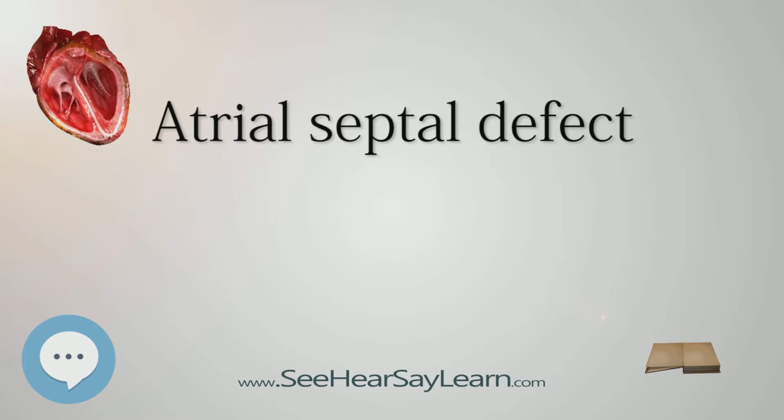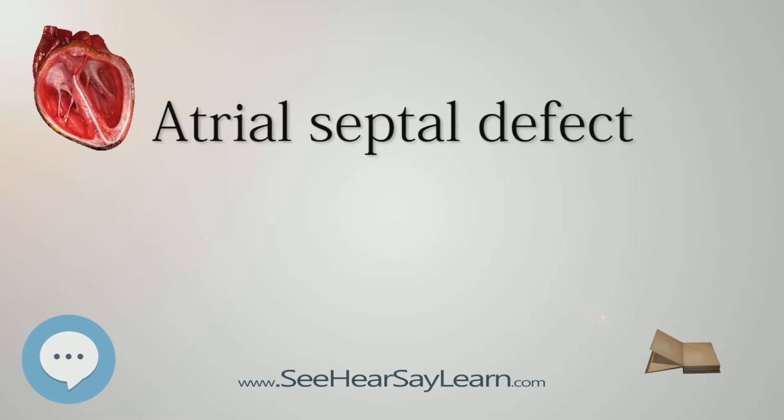If the ASD is then closed, the afterload that the right ventricle has to act against has suddenly increased. This may cause immediate right ventricular failure, since it may not be able to pump the blood against the pulmonary hypertension.